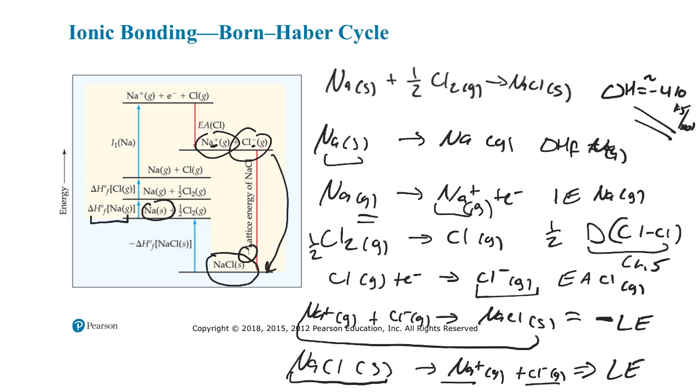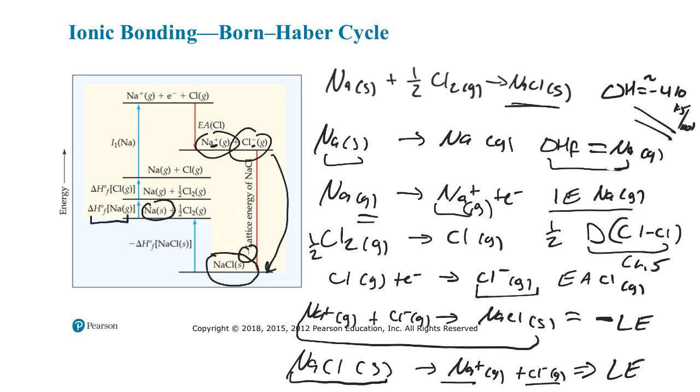Like if we knew the lattice energy of sodium chloride, and we knew the electron affinity of chloride, the bond strength, the ionization energy, the delta HF of sodium, that should be sodium gas. Let me rewrite that. It's kind of messy. So that's sodium gas. If we know all of these things, then we can solve for and determine the delta HF of sodium chloride. We could also say, well, we already probably knew. We could check this number in the appendix of our textbook.